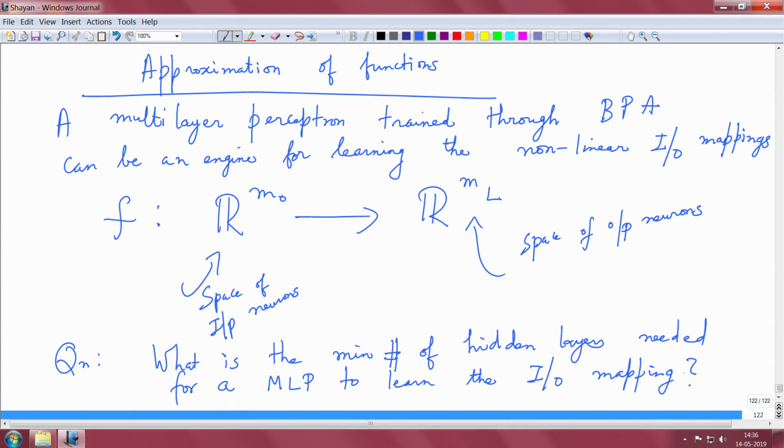This is what we are given in a machine learning problem or supervised learning problem. I give you some inputs, I give you the desired response, I need to learn the mappings, right?